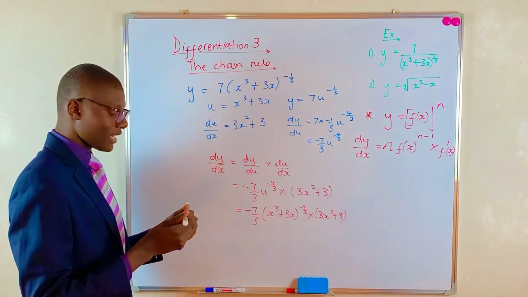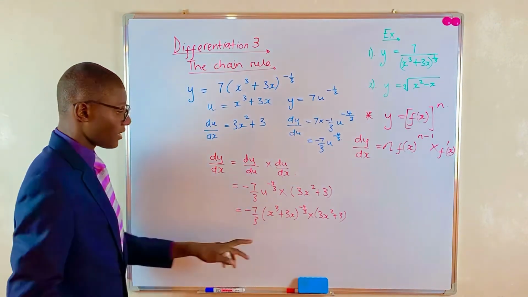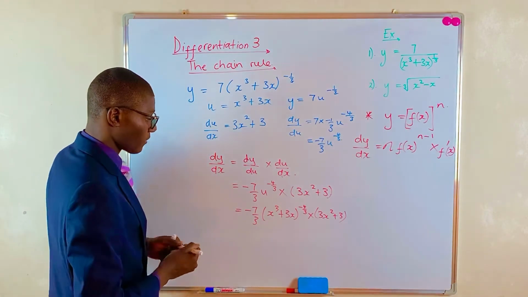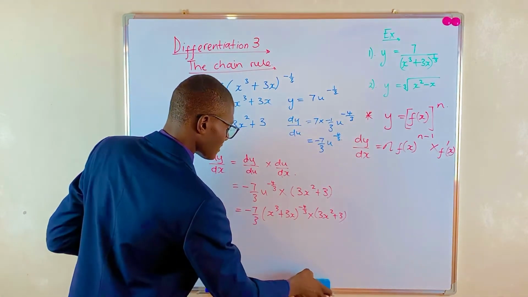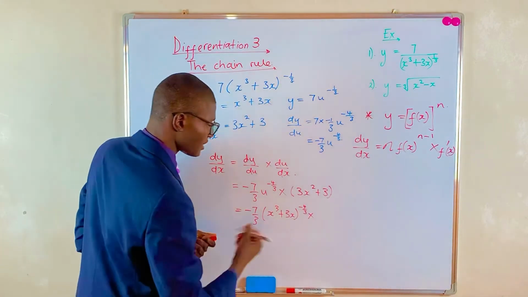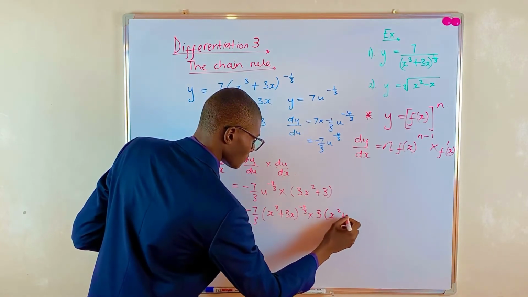So this is what we get. But of course we can further simplify this. Here we can factor out the 3 such that it cancels out with that 3. So let me rather write it like this. We factor out the 3 from this, we've got x^2 + 1.